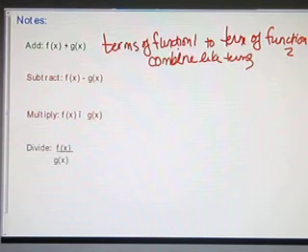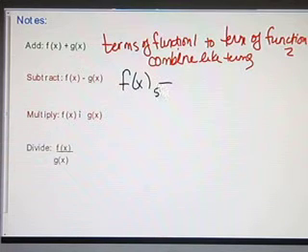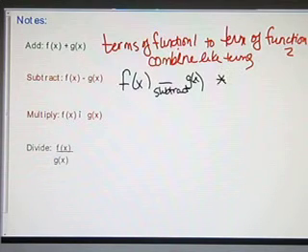Next one, subtracting, same thing. Your function 1, and you're going to subtract each and every term of function 2. This one, you're going to subtract your g of x. You have to make sure that you subtract every term of your g of x.